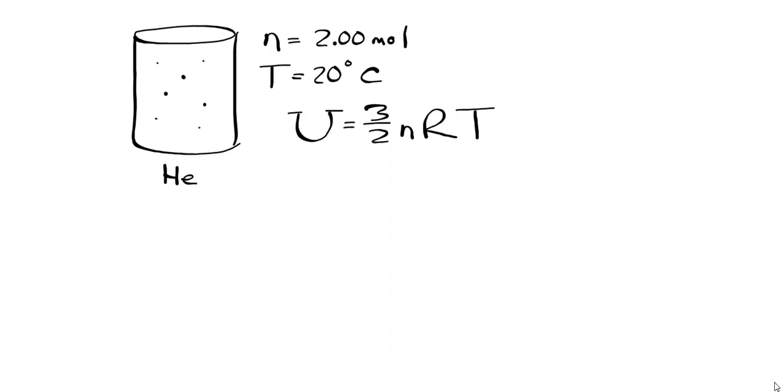First of all, the temperature is supposed to be in Kelvin. So if you recall, to get from Celsius to Kelvin, we have to add 273. So this is going to bring us up to 293 Kelvin. And also, if you recall, the value for R is 8.31 joules per mole Kelvin. So we have everything we need, we just have to plug it in.